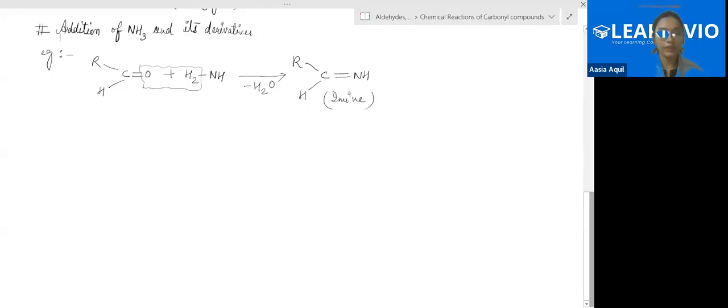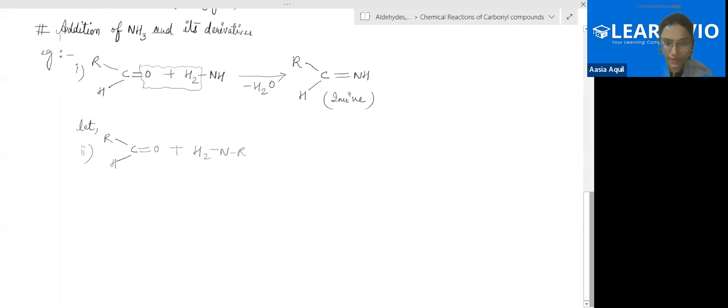See, one thing, if in place of hydrogen in ammonia I'm talking, there is another alkyl group, how will the reaction proceed? Let's see. Let's say R, H here, double bond O, plus, in place of hydrogen, I will take another alkyl group.